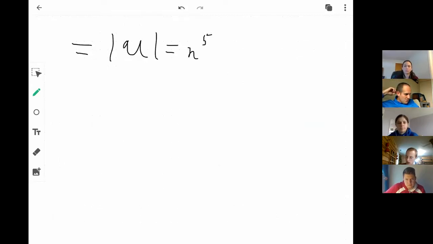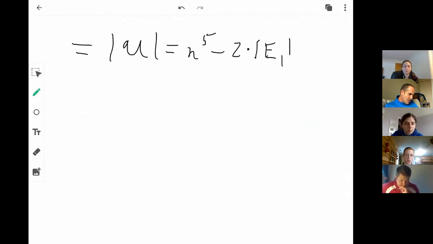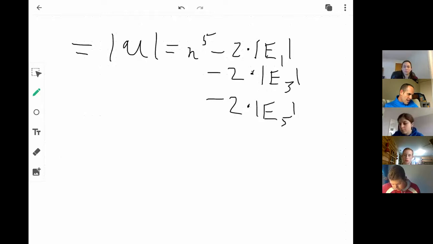So there's 7 situations. So minus 2 times the size of E1, minus 2 times the size of E3, minus 2 times the size of E5, minus the size of E6 or size of E7. How do I know I could just multiply the size of E1, E3, E5 by 2 and just ignore 2, 4, and 6?